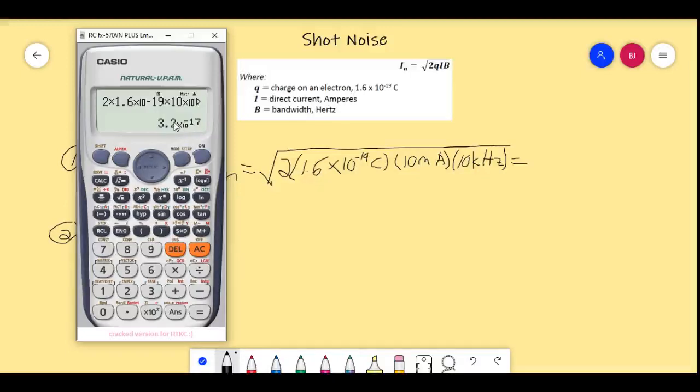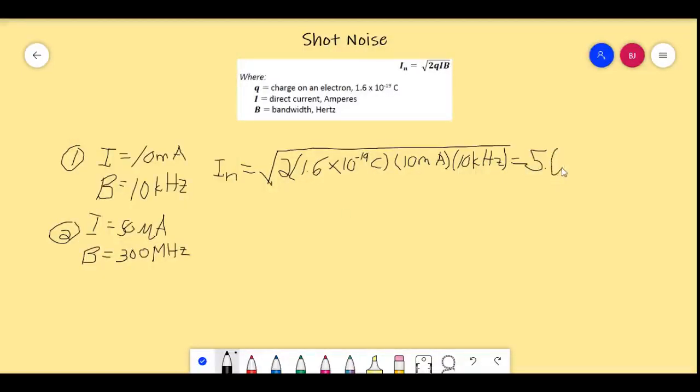So the answer is this. Of course, we haven't put in the square root yet. So the square root of this answer would now be 5.66 times 10 to the negative 9. Even if you press ENG, it's already in negative 9. That means this is already in engineering notation. So let's write that in: 5.66. Negative 9 is nano, and the unit for current is, of course, amperes or capital A. So that is our answer for the noise current.